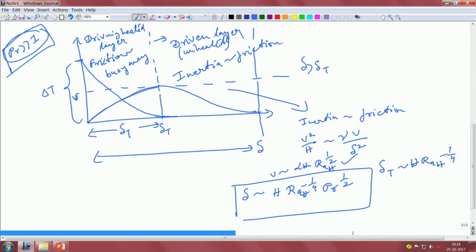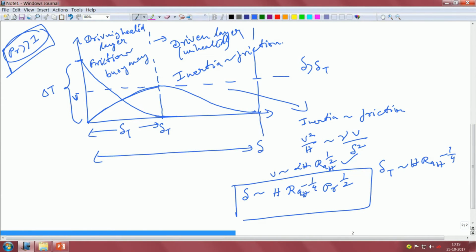If your Prandtl number is very high, you can see from this equation right here about delta, this velocity effect is felt for a very long distance, got it, even though this layer may be very small. So, the driving layer is very small, but the driven layer can be quite large, depending on the value of your Prandtl number.